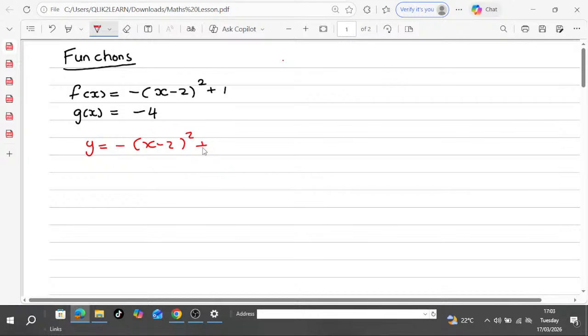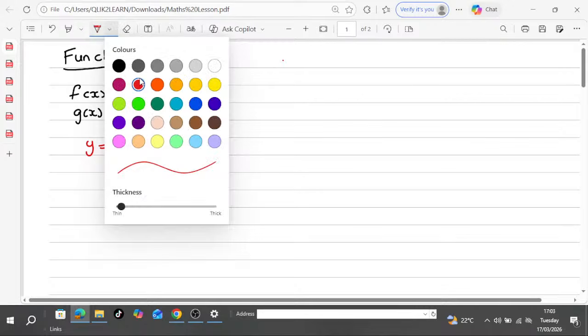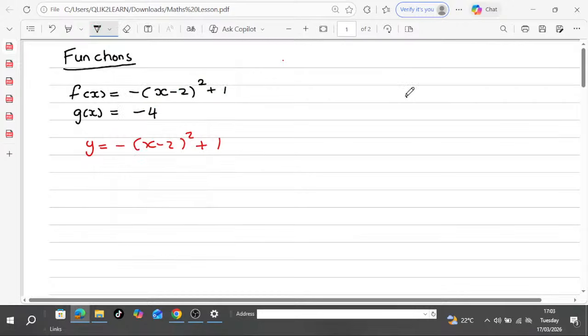Let's draw the graph of this function. Remember, to graph this, it is in which form? If you check carefully, this equation is given in the form y equals a(x minus p) squared plus q. Right, it is in that form.